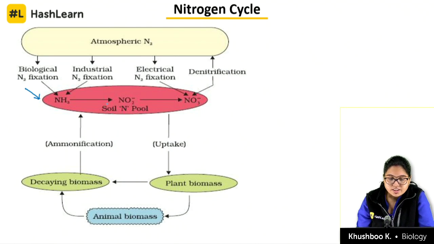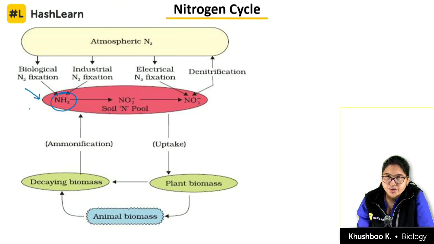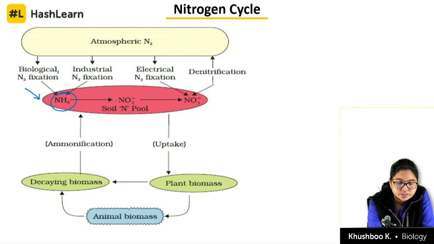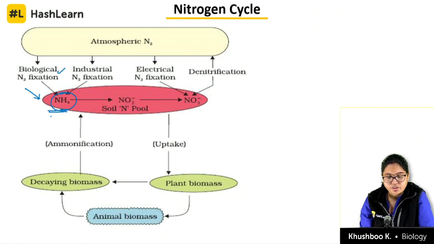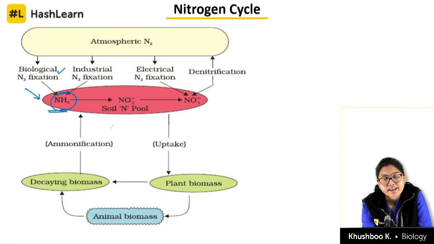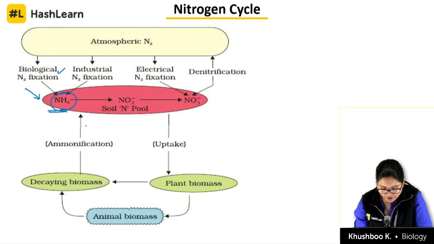Once that nitrogen is fixed, the first form is ammonia, and in both biological nitrogen fixation and industrial nitrogen fixation, we get ammonia first. Then from ammonia you get the nitrite, NO2 minus. This nitrite will then get converted into nitrate.